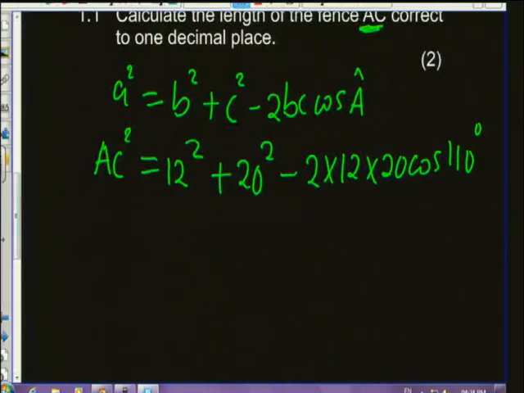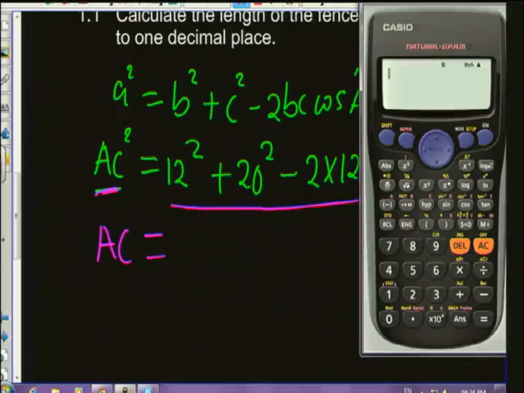Now, if we look at this, guys, we have covered everything, so we substituted. The only unknown will be your AC, okay? So now we continue. You can just put this in your calculator. So AC will be, now remember at the end of the day, we'll square root whatever we have here. So I can just put this in our calculator, all right?